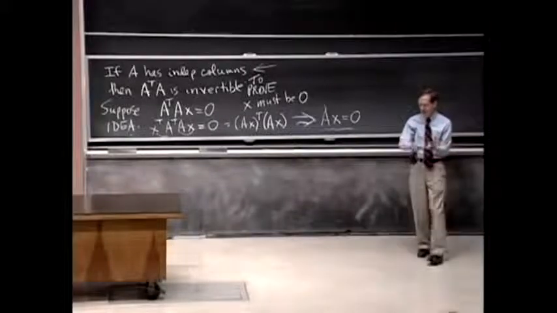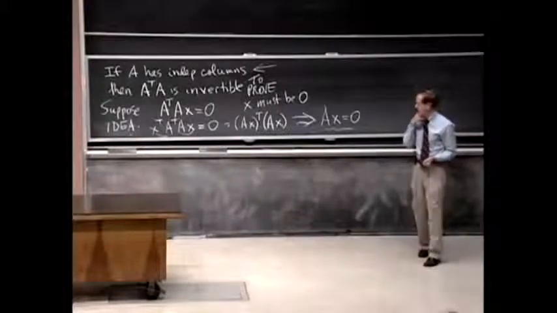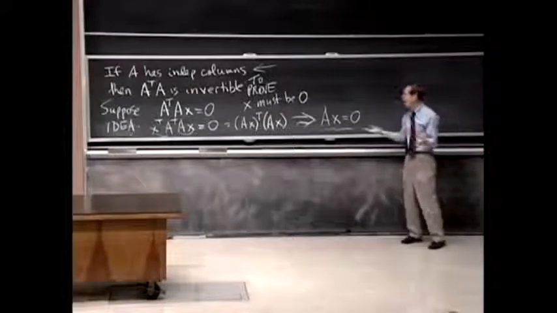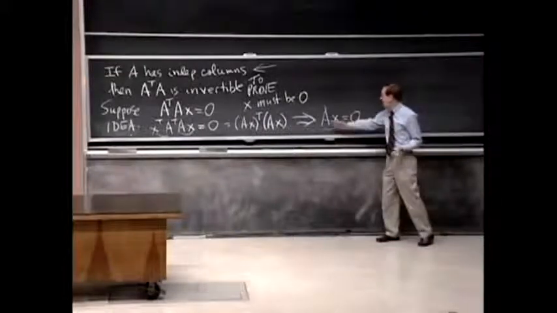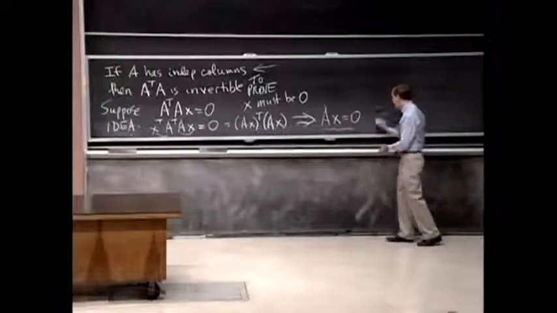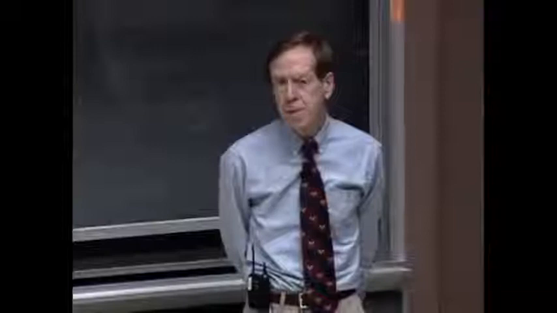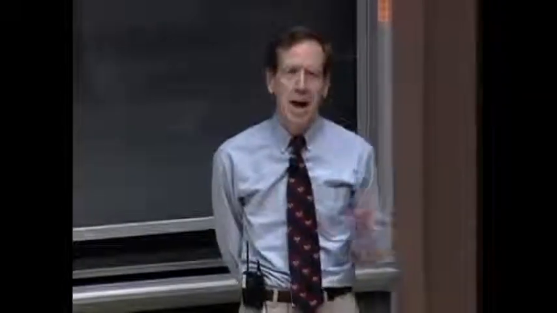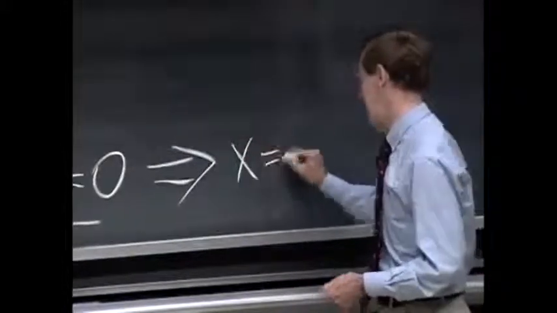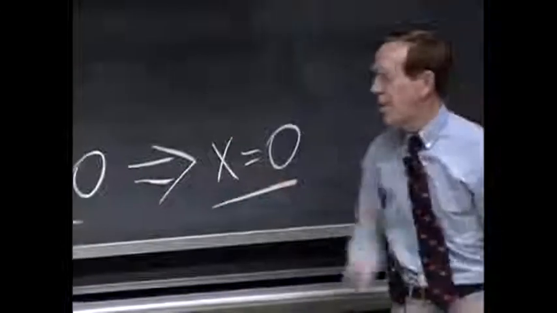That could be a fill-in question on the final exam. If A has independent columns and if A X equals 0, then what? Please say it. X is 0. Right, which was just what we wanted to prove.